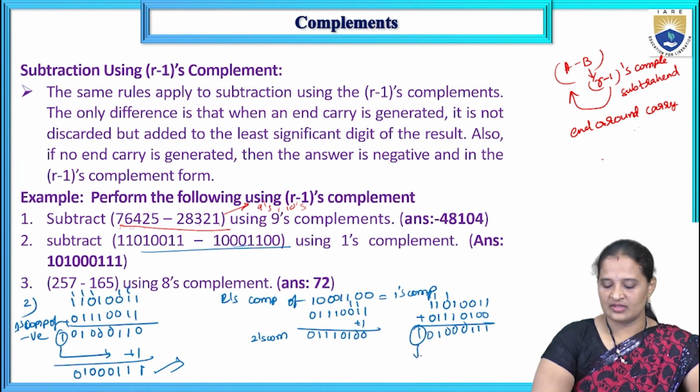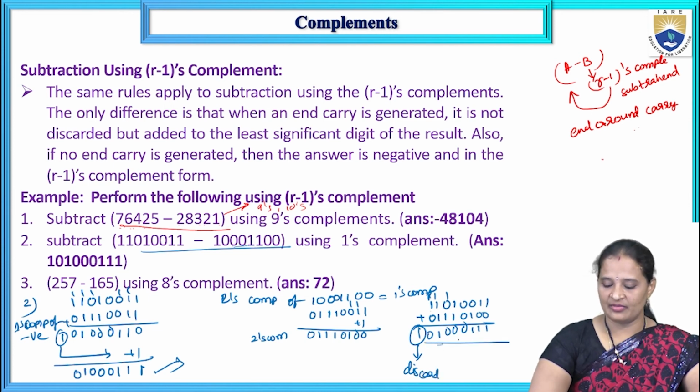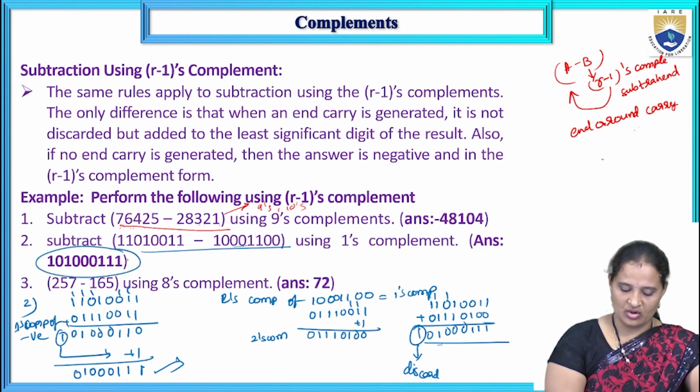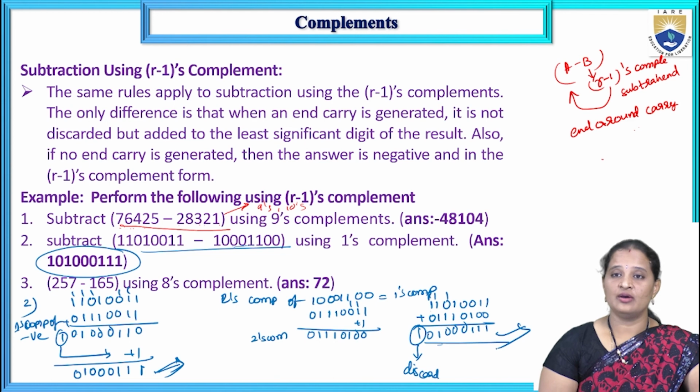So here is the carry we have got, and as it is the 2's complement subtraction, discard the carry, and the final answer is 0, 1, 0, 0, 1, 1, 1. Actually I had given this as the answer, but that is wrong. This is the correct answer. So in both ways we have got the same thing.